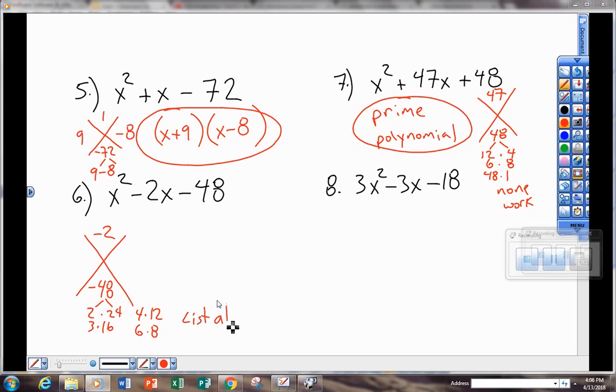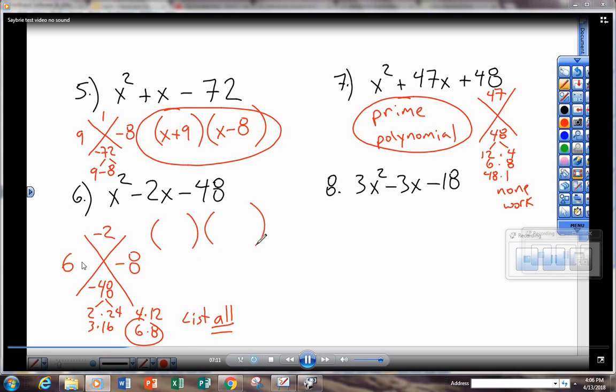And again, make sure you list them all. And the two that work are going to be 6 and 8, with 6, I believe positive, and 8 negative, because 6 times negative 8 is negative 48. 6 minus 8 is negative 2. So inside there I put these numbers, x plus 6 and x minus 8.